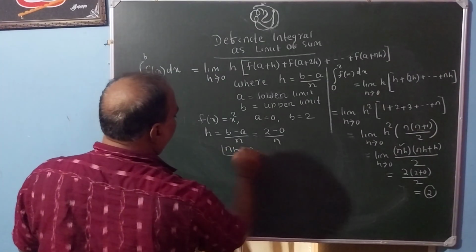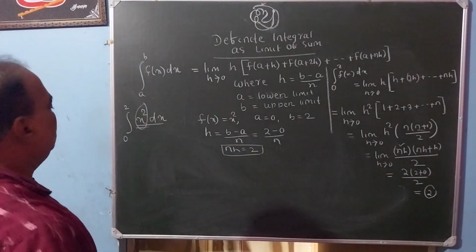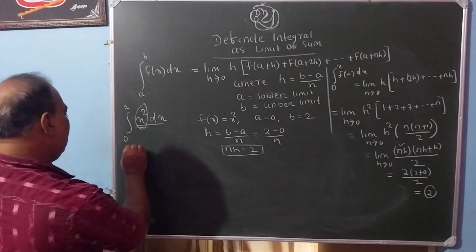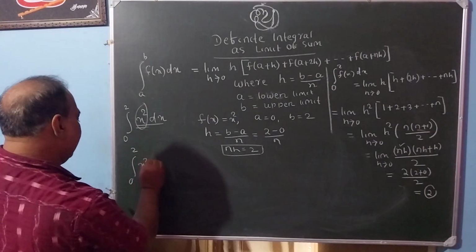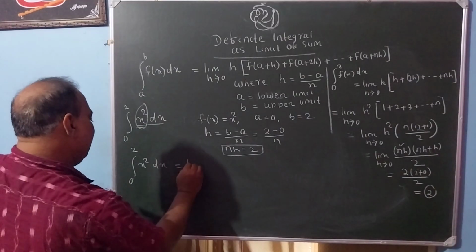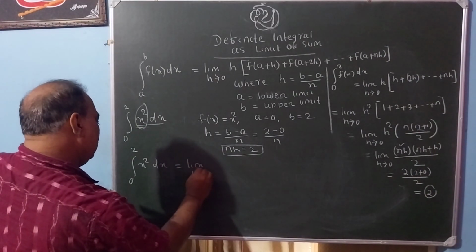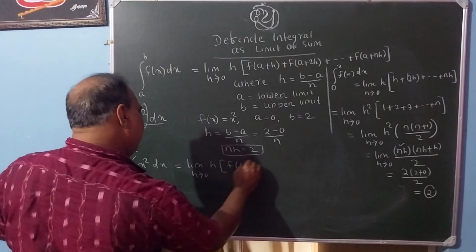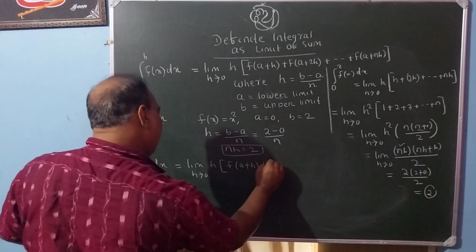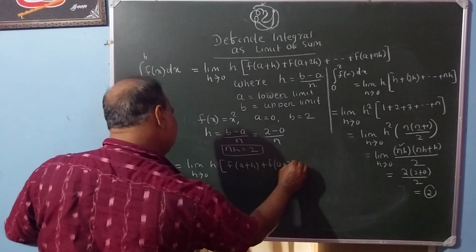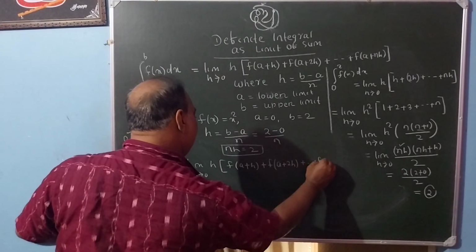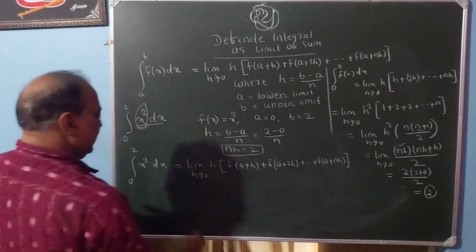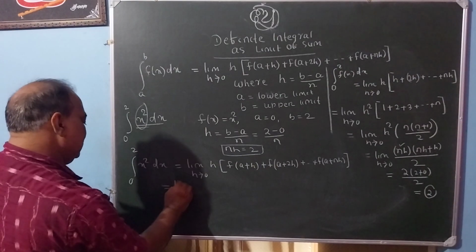So we know that integration of 0 to 2 x square dx can be written as limit h tends to 0, h into f of a plus h, f of a plus 2h, dot dot dot, f of a plus nh. Okay. So now limit h tends to 0.